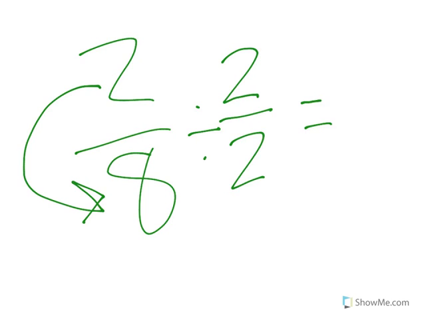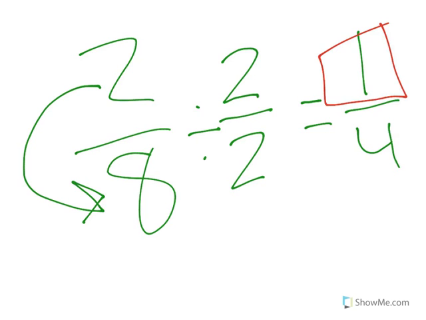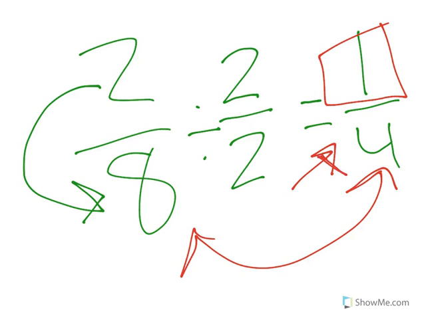Because watch, 2 divided by 2 is 1. 8 divided by 2 is 4. I have my prime number right here, so there's nothing I can do. I'm done. Okay, so 1/4 is the simplified version of 2/8. They are equivalent. This one is just the smallest way it can get, and that's what they want.